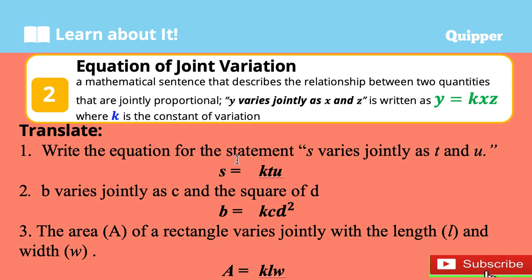Write the equation for the statement S varies jointly as T and U. The translation for that is S is equal to k times T times U. Next, B varies jointly as C and the square of D. The translation for this is B is equal to k times C times the square of D. Next statement, we have the area of a rectangle varies jointly with the length and the width.